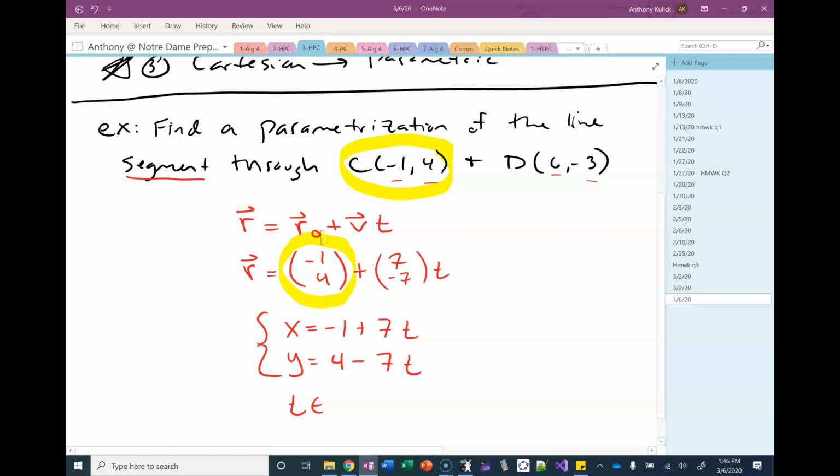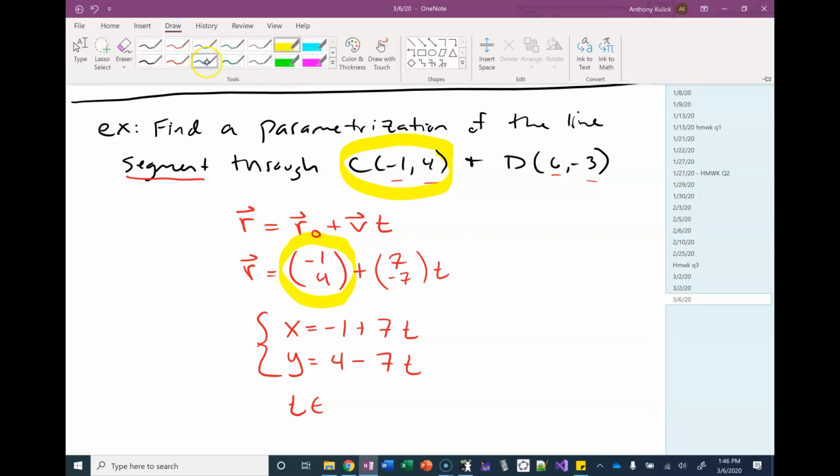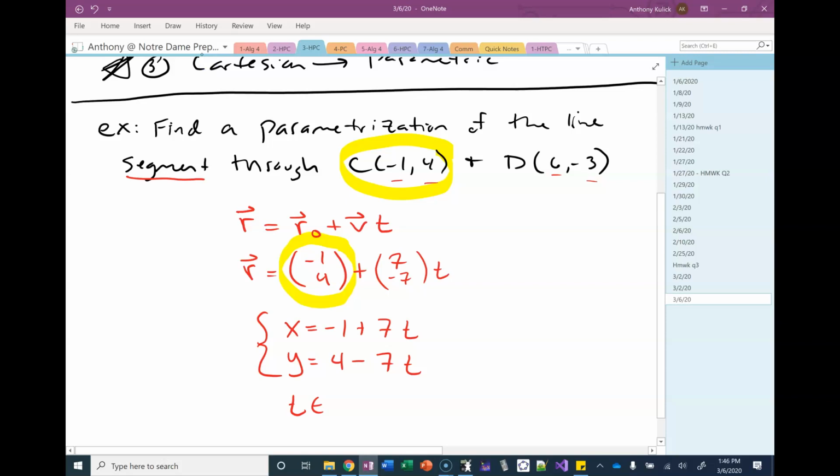Notice that one of the endpoints for my segment is also this point in my vector equation. So what value of t do I know I need to have in this interval? So look at our vector equation. 0.